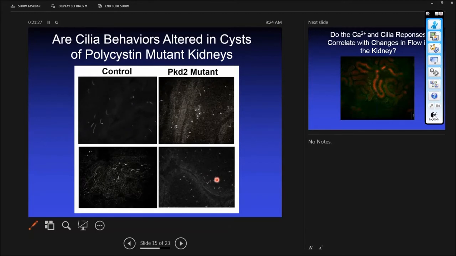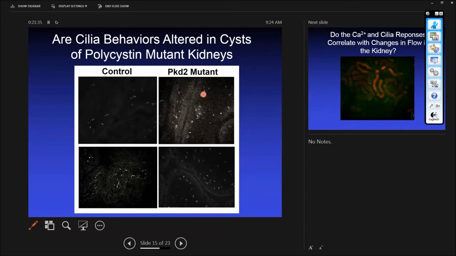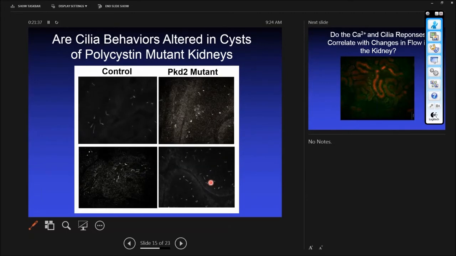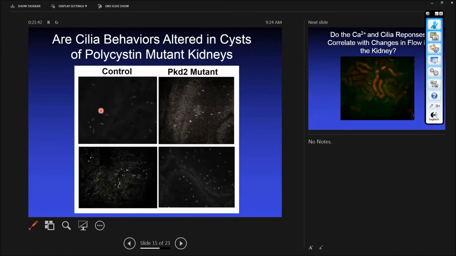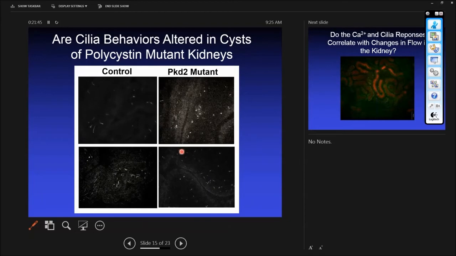For some reason, this one's not playing. We'll hopefully get it started in a second. Here we have a normal tubule next to a cyst. This one started now. What you'll see is the cilia in the cysts stick out into the lumen, as opposed to going back and forth like you see in either control or a normal tubule, arguing that something has changed within the flow that occurs within this cystic structure.